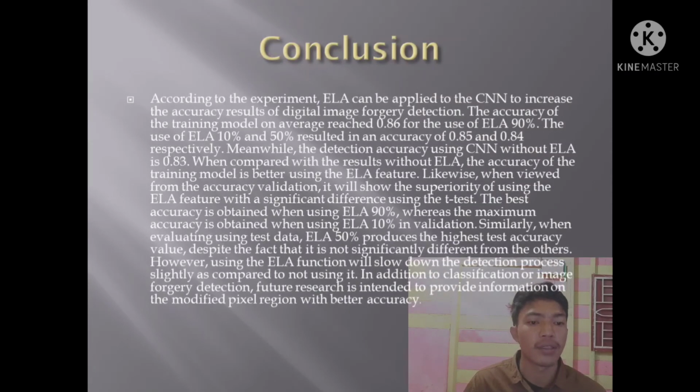Meanwhile, detection accuracy using CNN without ELA is 0.83. When compared with the result without ELA, the accuracy of the training model is better using the ELA feature. Likewise, when viewed from the validation accuracy, it shows the superiority of using the ELA feature with a significant difference using the test.